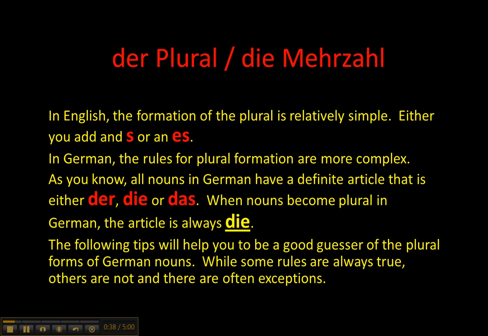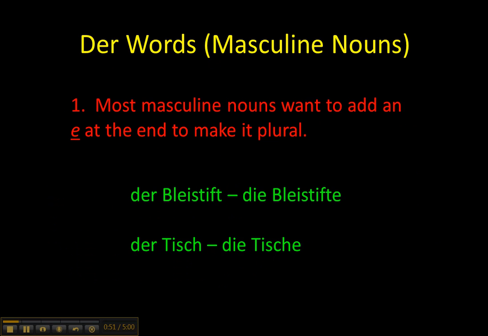But having said all that, I want to offer you some tips today on some things that, if you have to guess the plural of a German noun, will help you guess with a higher degree of accuracy. So first, let's talk about masculine nouns, or der words.